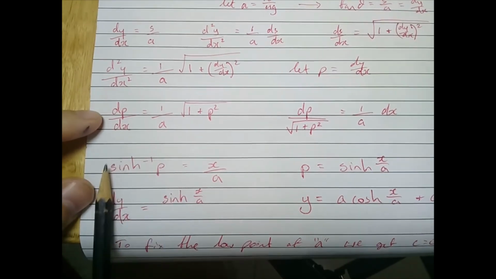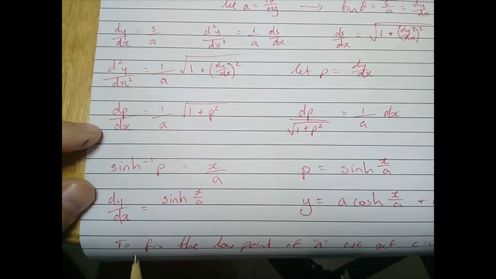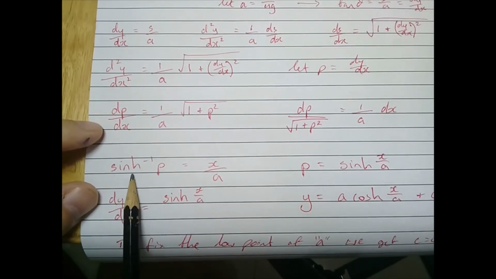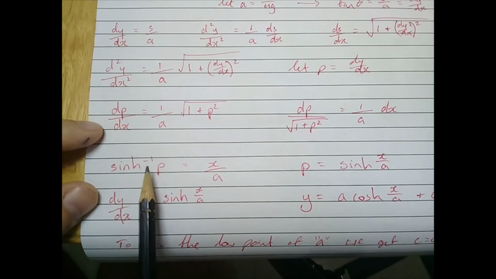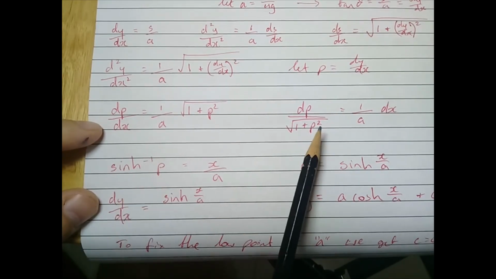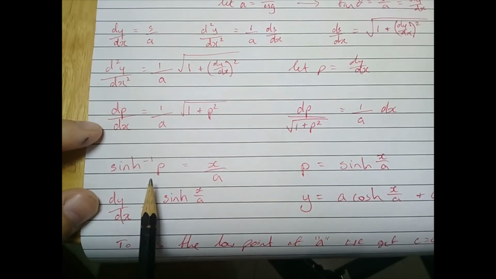You can look that up, it's a known integral. So it comes out as arc sinh p. Well, this is hyperbolic sine, but it's the inverse part of it. You'll have to just take my word for that. That's another derivation you have to look at.